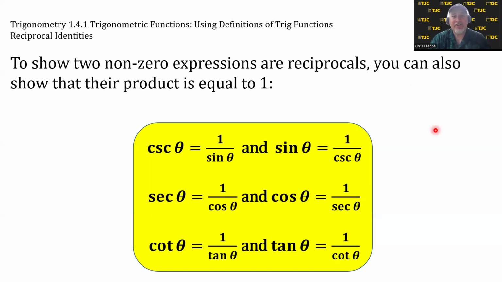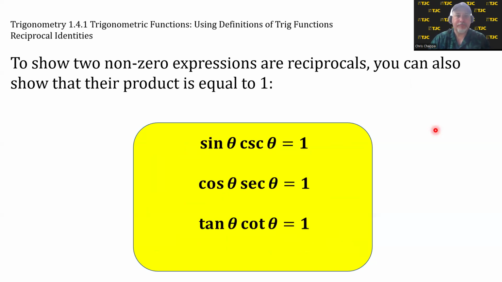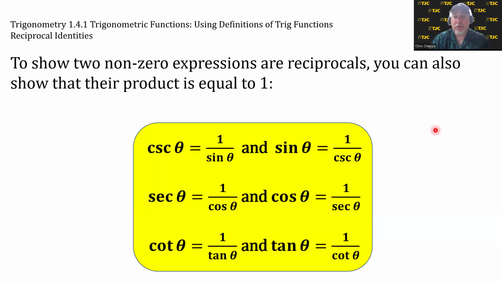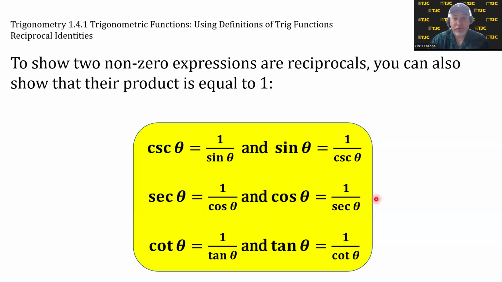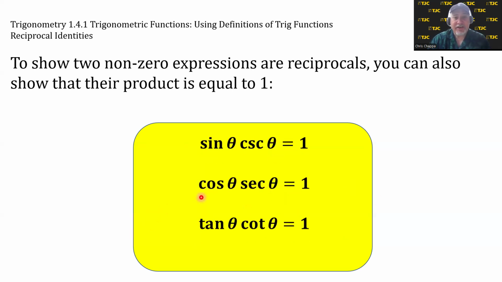To show 2 non-zero expressions are reciprocals, you can also show that their product is equal to 1. So we could replace the top 2 with sine of theta times cosecant of theta is equal to 1, provided they're both defined. We can replace the middle 2 with cosine of theta times secant theta equals 1, provided they are both defined.